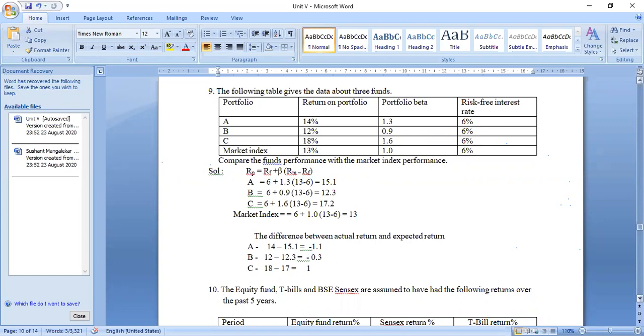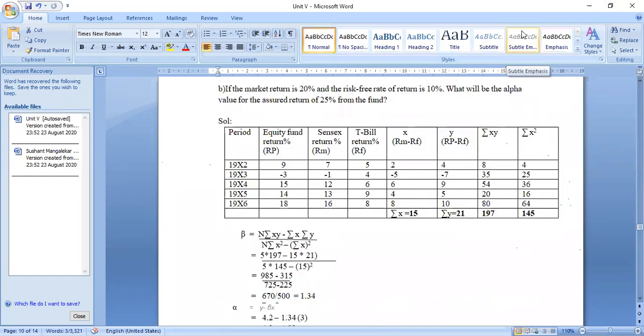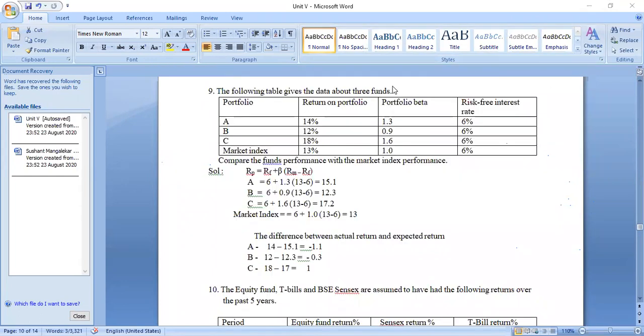Your voice is not audible. You can just put that into the chat box. You're speaking of the ninth problem? Yes, ma'am. It is better you put that into the chat box because you're not audible to me correctly.